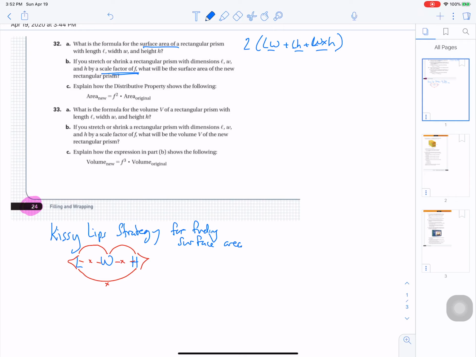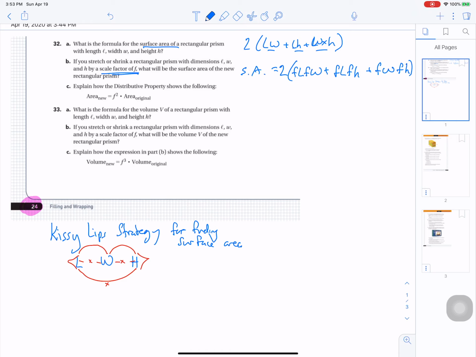This is something that some people were confused about on the checkup. Basically, your surface area is still double, but now it's the scale factor times length and the scale factor times the width, all multiplied together, plus the scale factor times the length and the scale factor times the height, all multiplied together, plus the scale factor times the width times the scale factor times the height, all multiplied together.